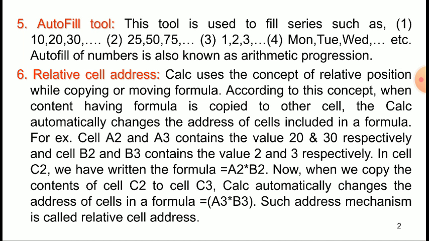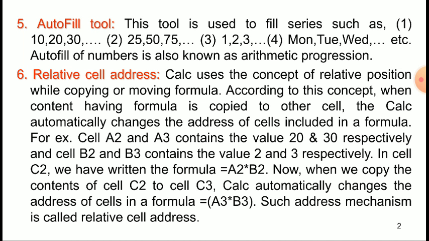For example, cells A2 and A3 contain the values 20 and 30 respectively, and cells B2 and B3 contain the values 2 and 3 respectively. In cell C2 we have written the formula equals A2 into B2.